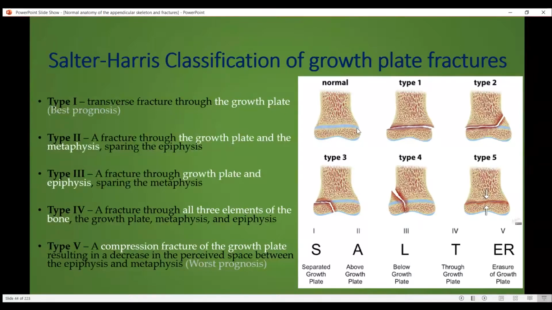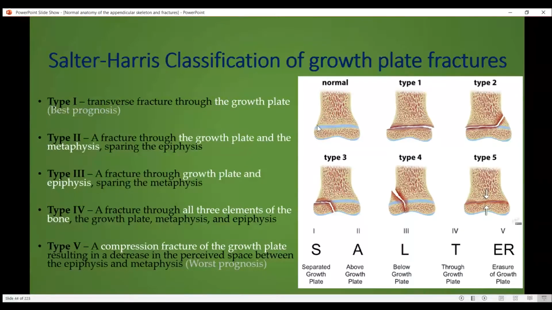This blue line shown here is the epiphyseal plate or the growth plate, which is also known as the physis. Listen carefully. The area between the epiphysis and the metaphysis is the growth plate.